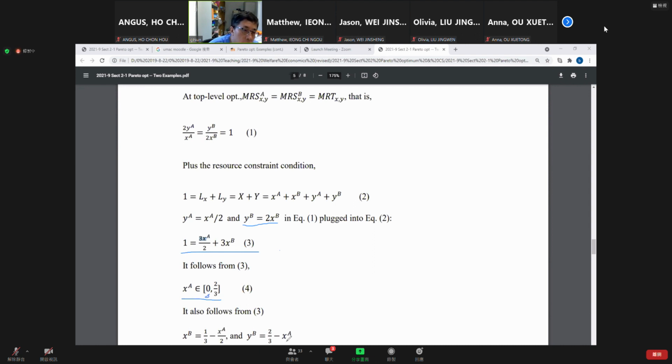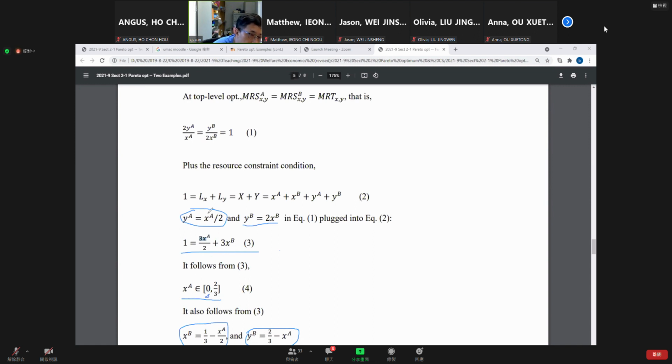So now put this one and this one. If you look at the 3 equations carefully, you may find we have already formulated each of YA, XB, YB as a function of XA.